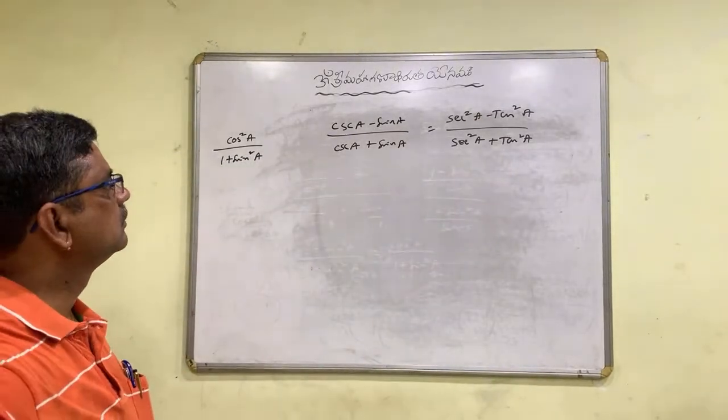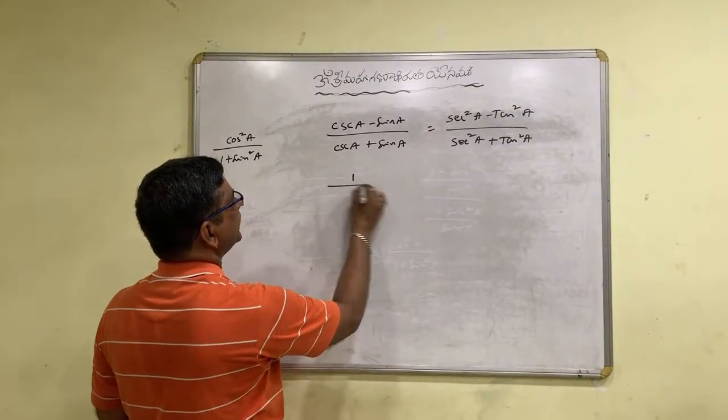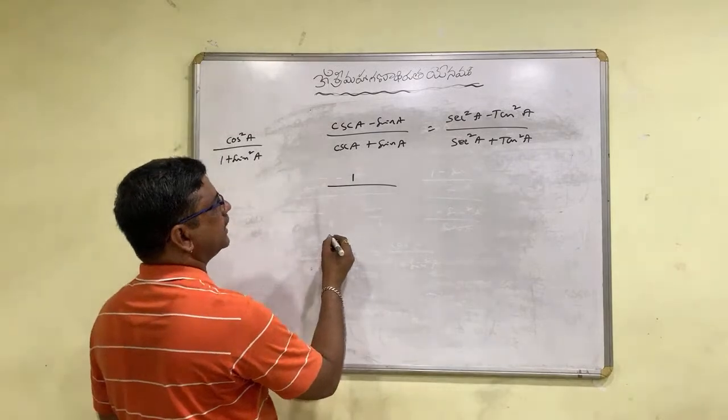Now, secant square A minus tan square A is 1.